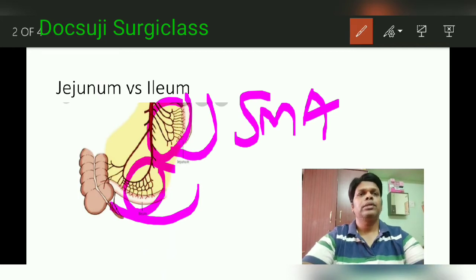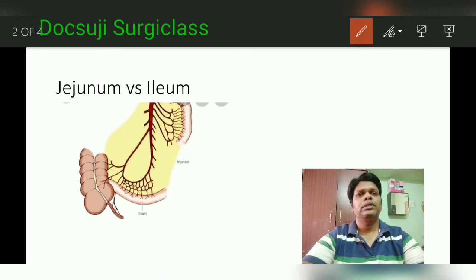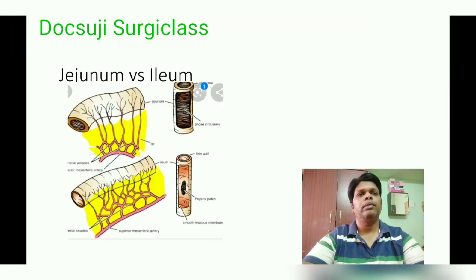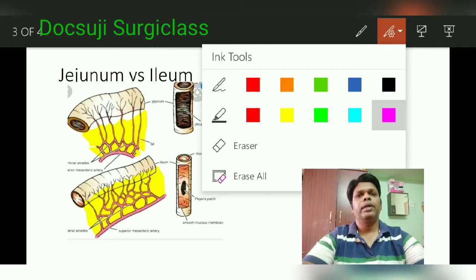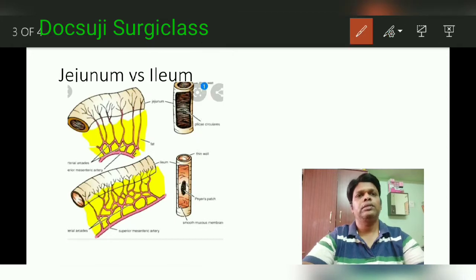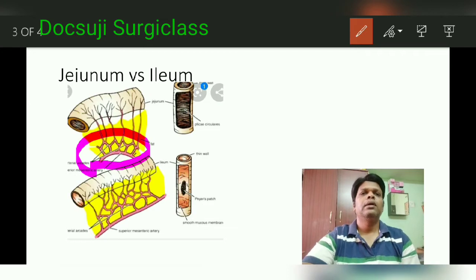Next I'm going to discuss in detail the vascular supply of the jejunum and ileum. Here you can see the blood supply of the jejunum. These are the jejunal arteries present in the mesentery.